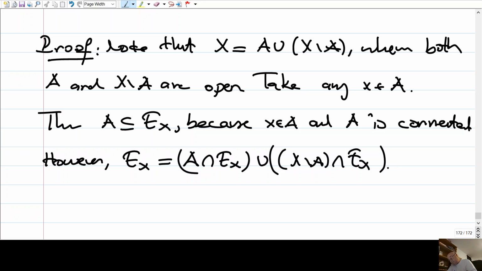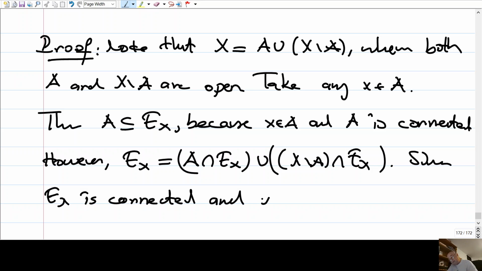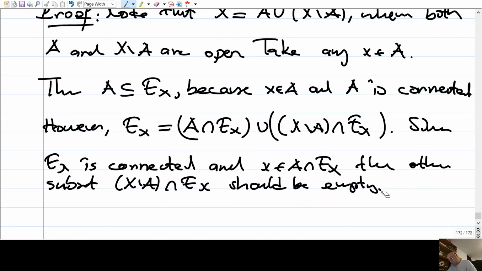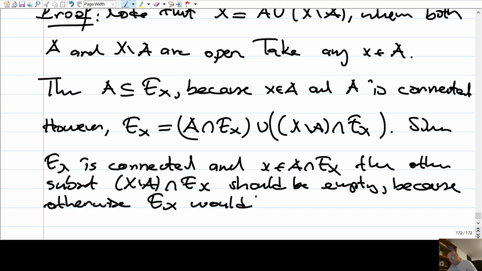Since E_x is connected and x is in both A and E_x, the other subset, X minus A intersection E_x, should be empty, because otherwise E_x would be disconnected.